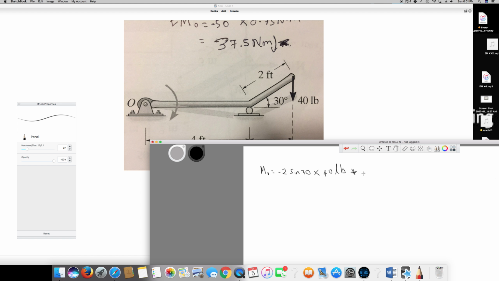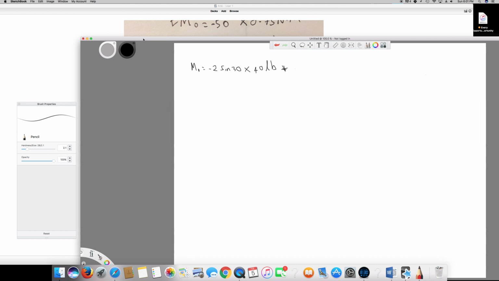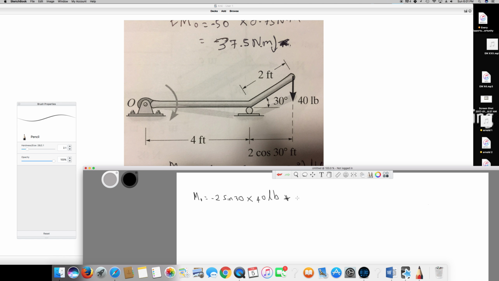and that's going to be negative too. So therefore I have to put the negative sign in front of it. Negative all together, 4 plus 2 cos 30 times 40.